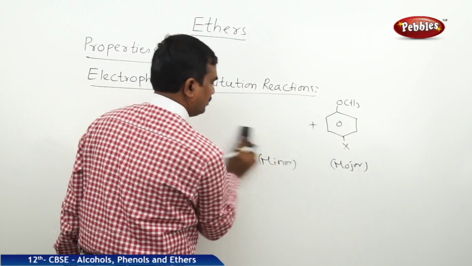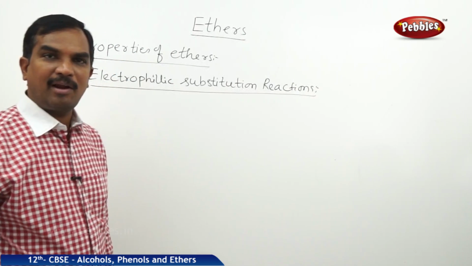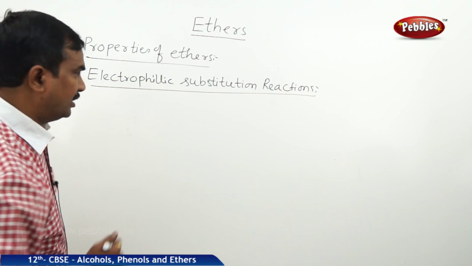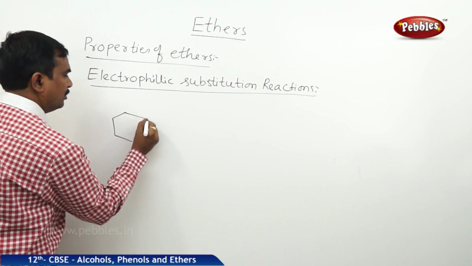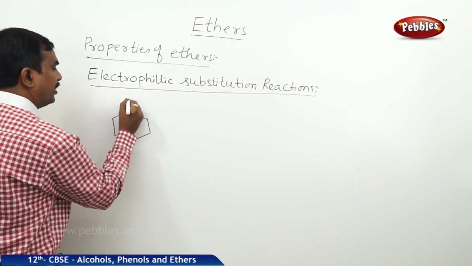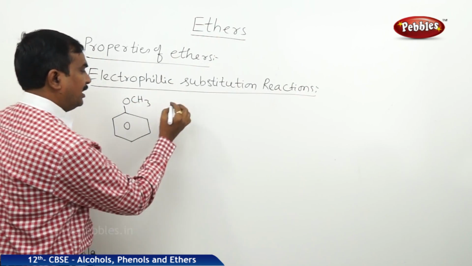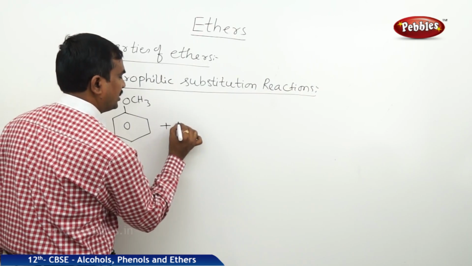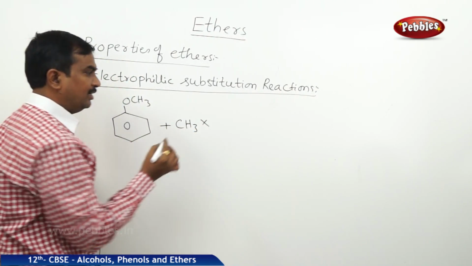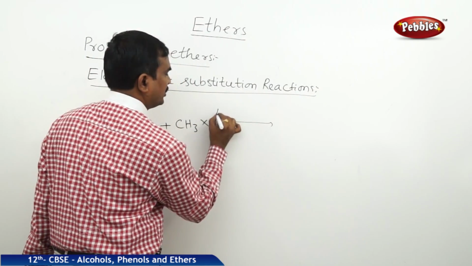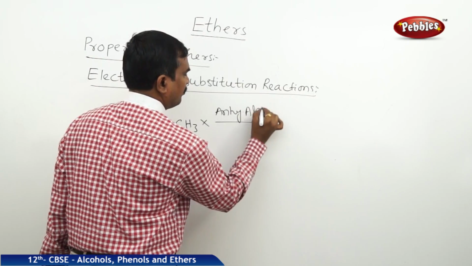Friedel-Crafts alkylation, Friedel-Crafts acylation, like that. So here Friedel-Crafts reaction is given by the corresponding ether. If you take Friedel-Crafts alkylation, you take methyl halide in presence of the Lewis acid, which is anhydrous AlCl3.